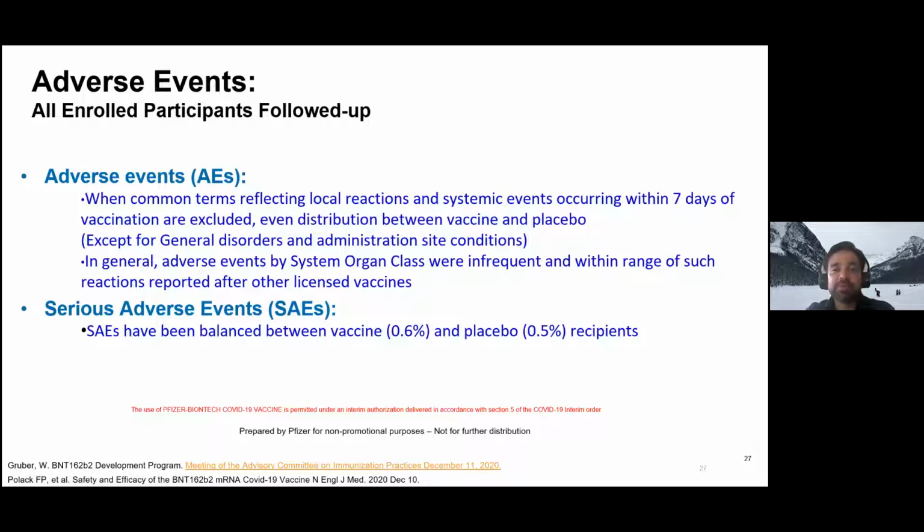When that was taken out and the vaccine and placebo arms were compared based on symptoms grouped into different organ classes, like digestive or neurological, there was not much difference except for one condition called general disorders and administration site conditions. What that basically means is, again, injection site pain and redness and that kind of stuff.